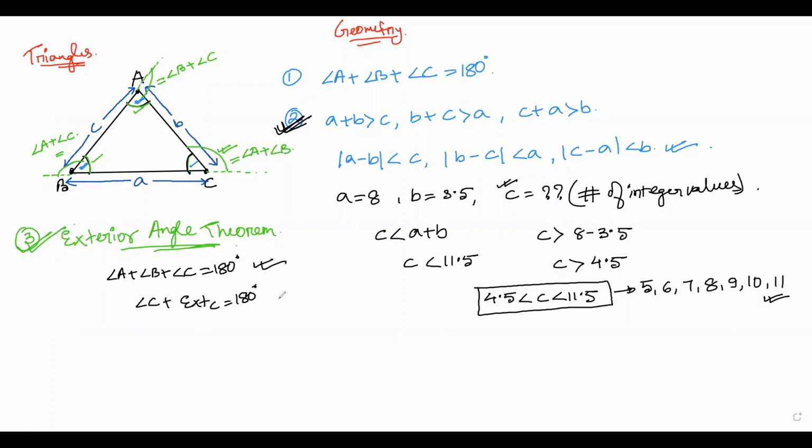So from these two, we can say that exterior angle C would be equal to angle A plus angle B. In a similar way, we can show exterior angle B would be equal to angle A plus angle C, and exterior angle A would be equal to angle B plus angle C.